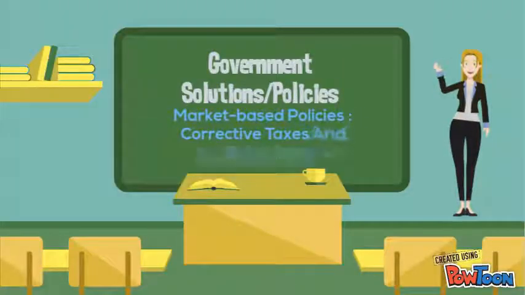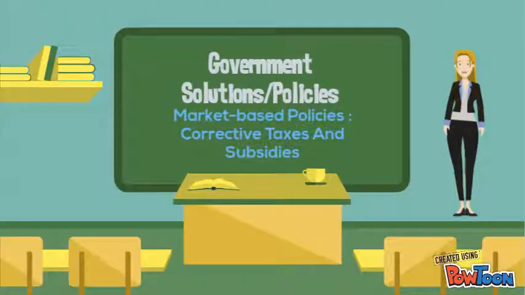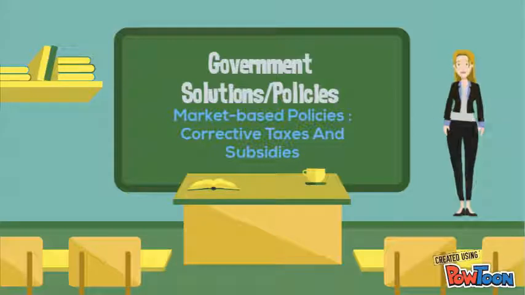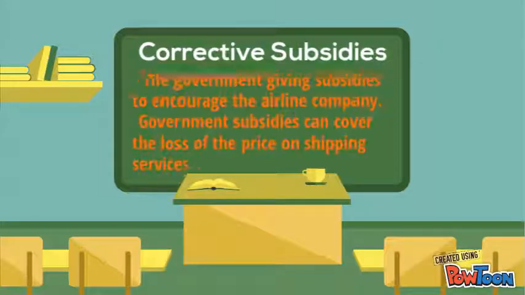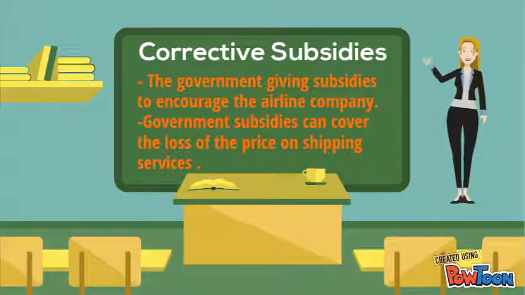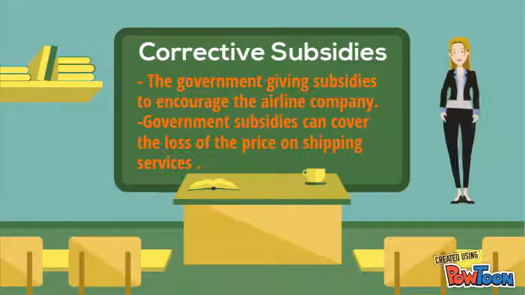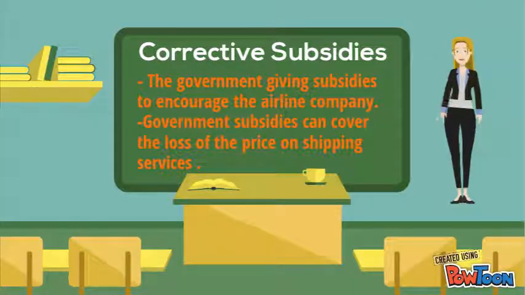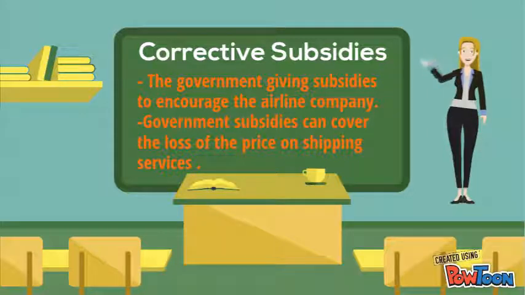To solve positive and negative externalities, the government uses taxes and subsidies to reach the social optimum level. Subsidies are used to solve the positive externalities in the airline industry. The government will give airline companies subsidies to encourage them to provide shipping services.